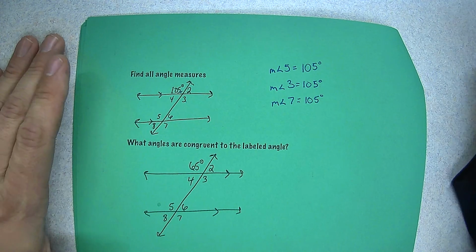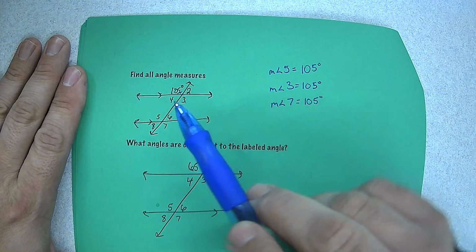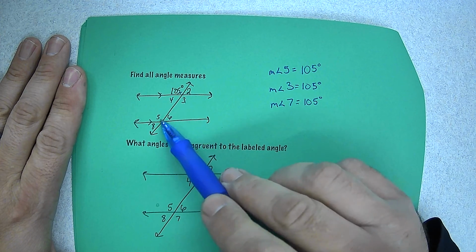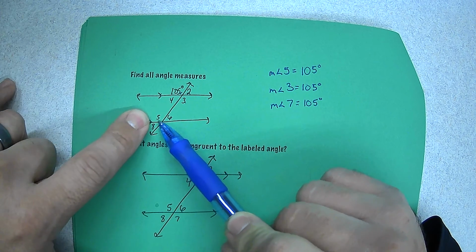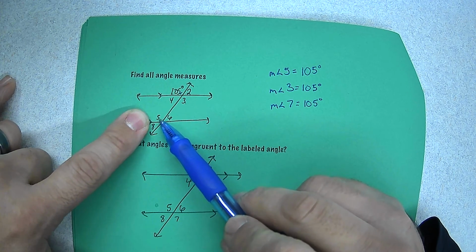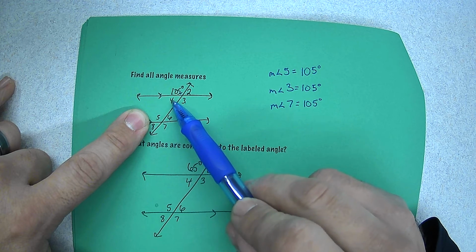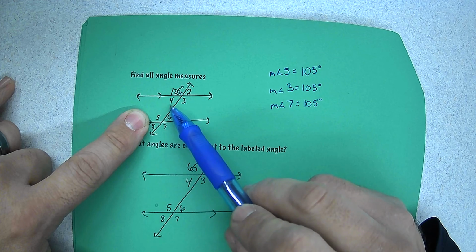Now to find the other set, let's go off of the measure of angle 5. We know that this one is 105 degrees. We just talked about same side interior angles. So 5 and 4 are same side, and those have to add up to 180.